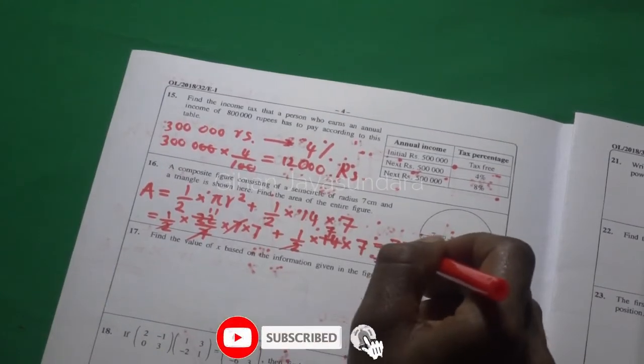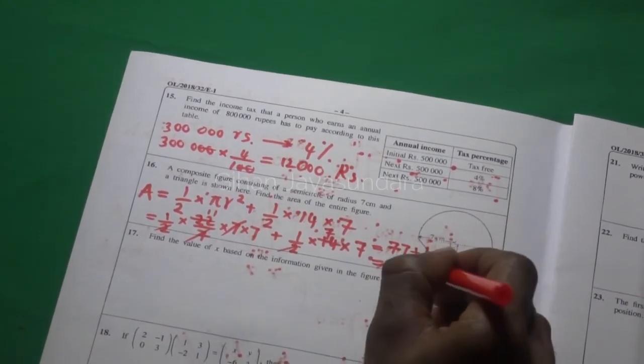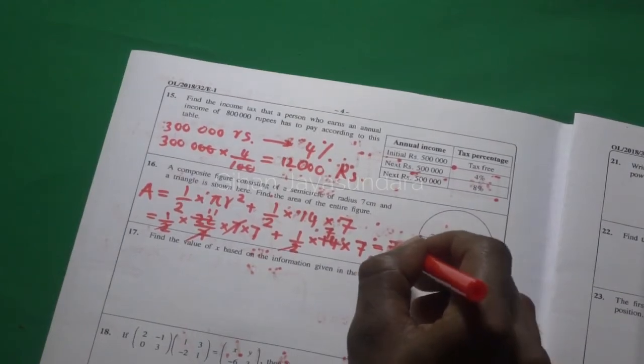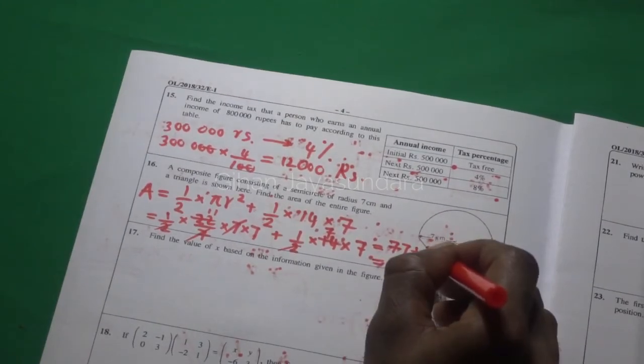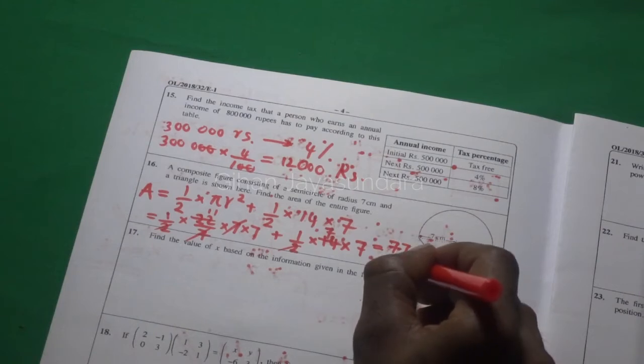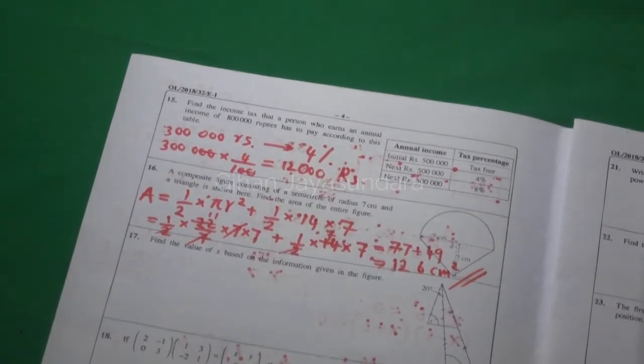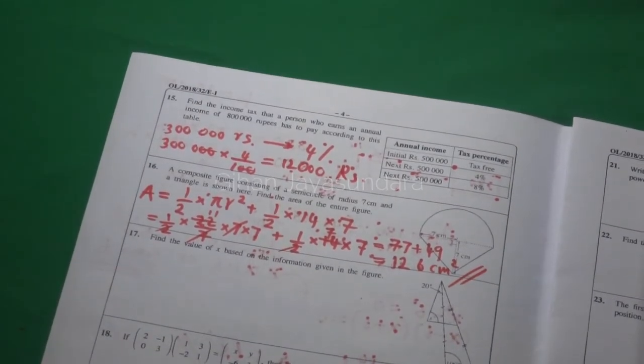So 77 plus 49 is 126. So 126 square centimeters is the area of the composite figure based on the given information.